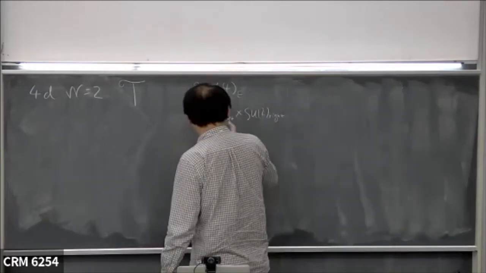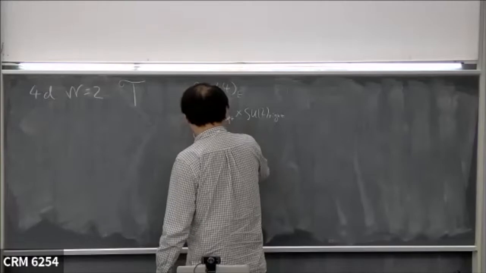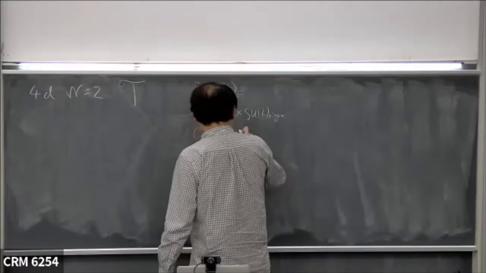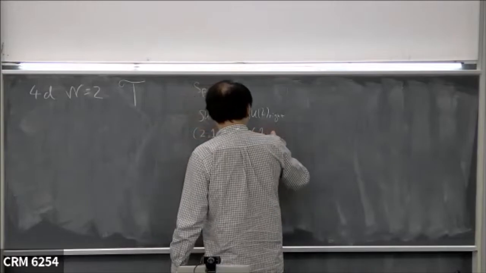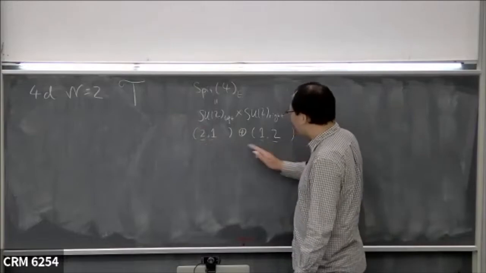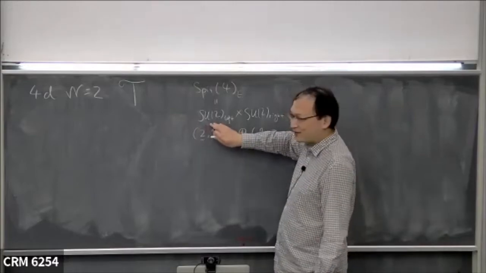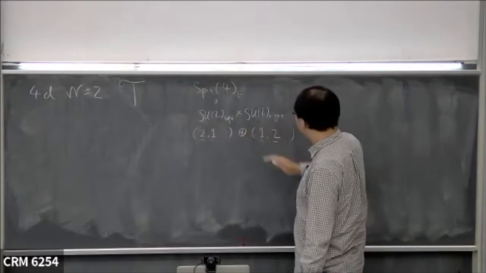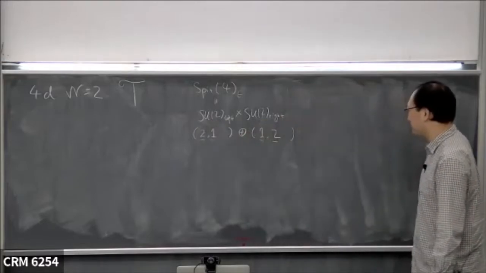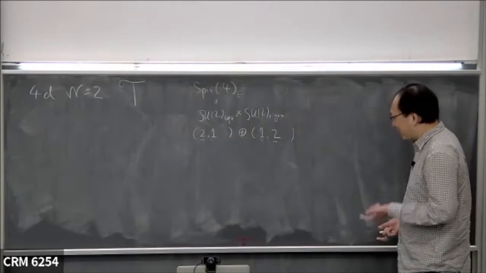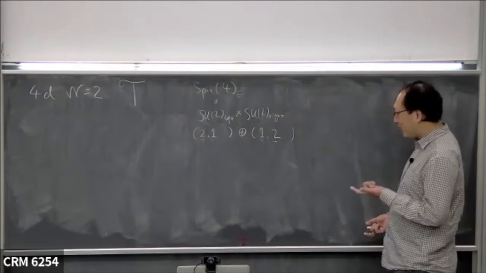You must have both left and right moving spinors. So you need at least 2, 1 plus 1, 2. This means that there are two types of spinors, one transforming as left-moving spinors, another transforming as right-moving spinors. So that would be these four supercharges for the N equals 1 theory.